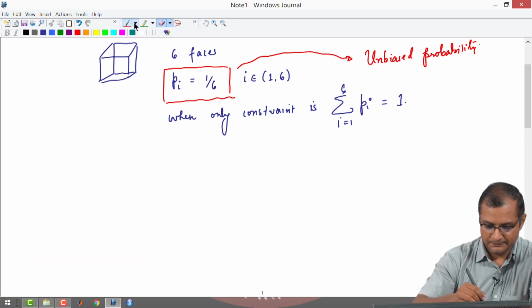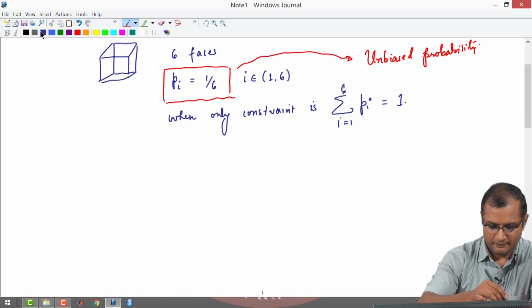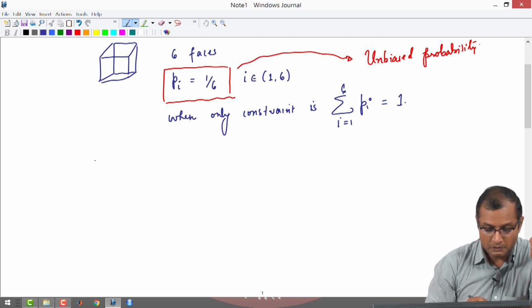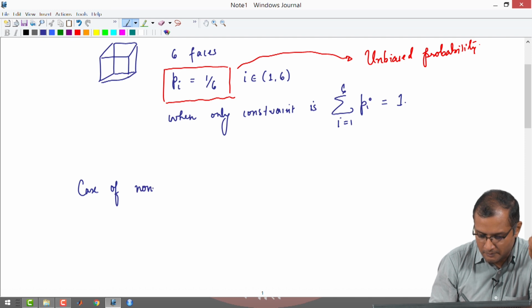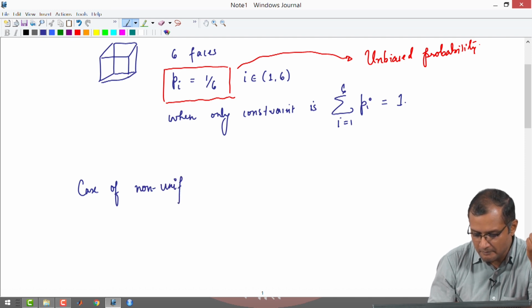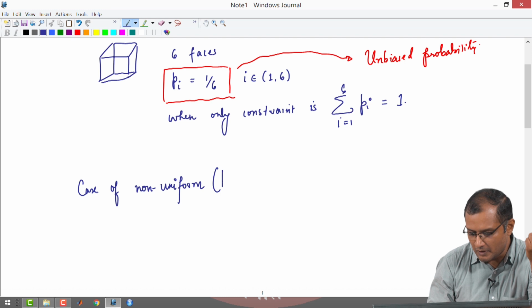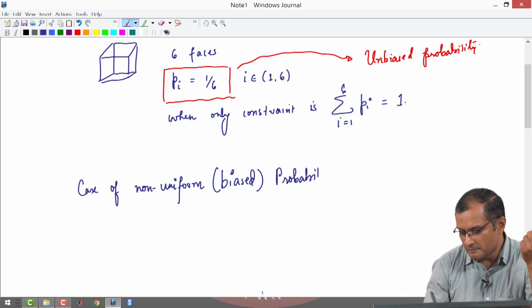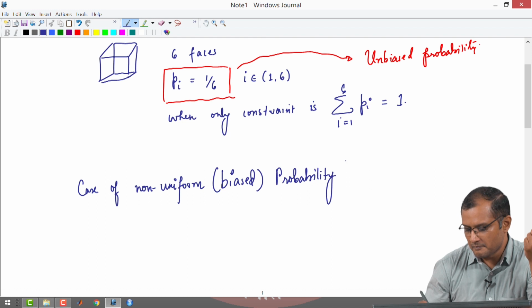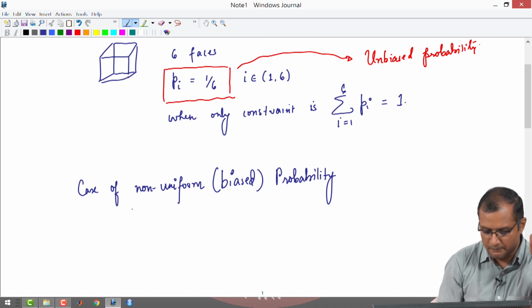I am going to consider the case of non-uniform or biased PDs, or probability distributions.